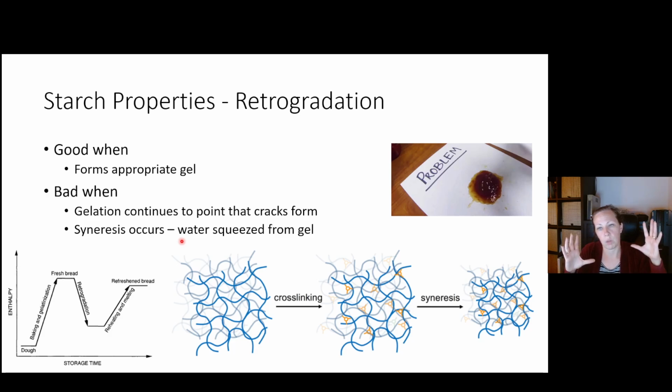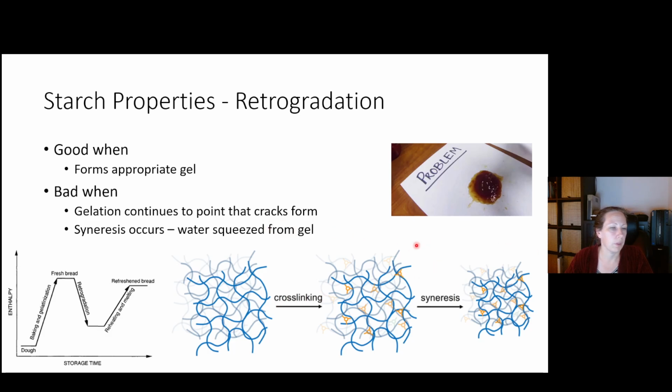So as that gel becomes more rigid and the bonds bring everything together, it actually just pushes water out of it. And you end up with just like a thin water layer around your gel.